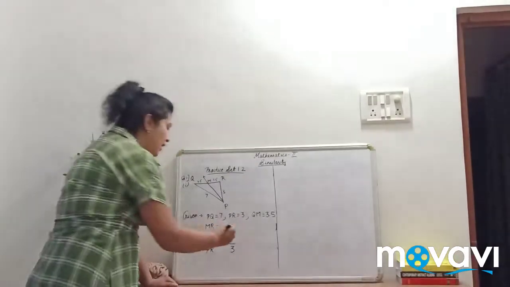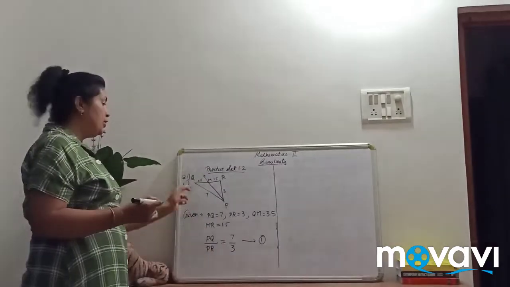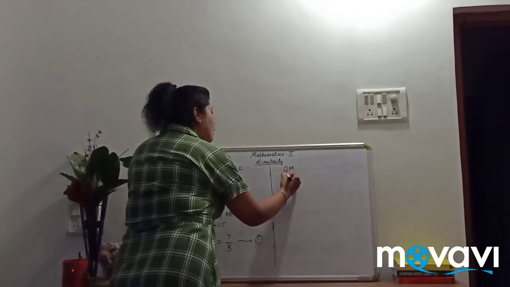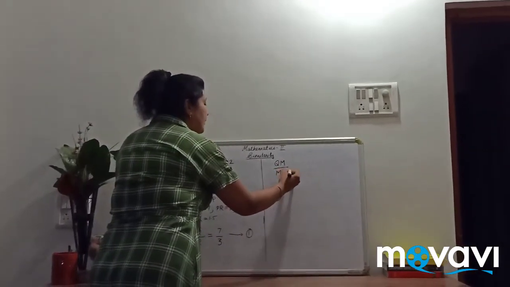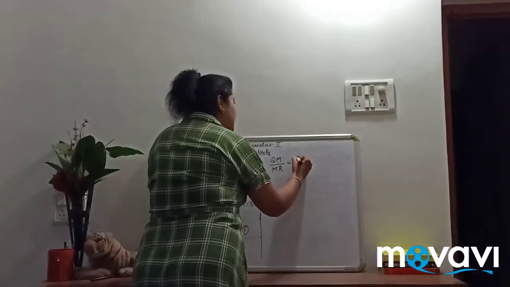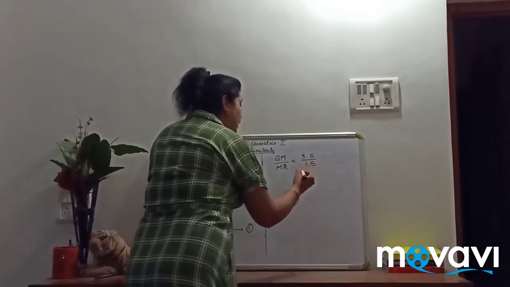So this is our first step. Let us take another ratio that we require, QM upon MR. So let us substitute the values. This is 3.5 upon 1.5.